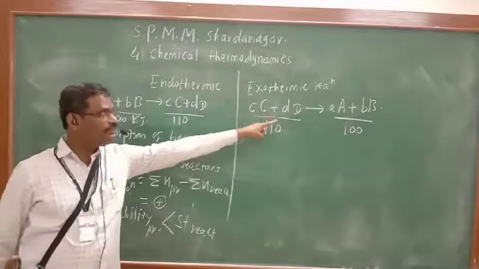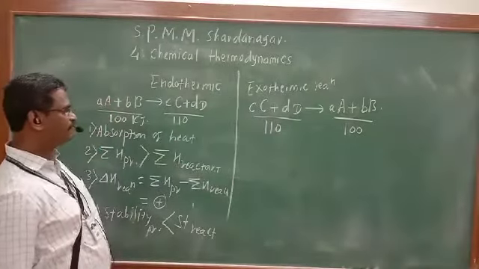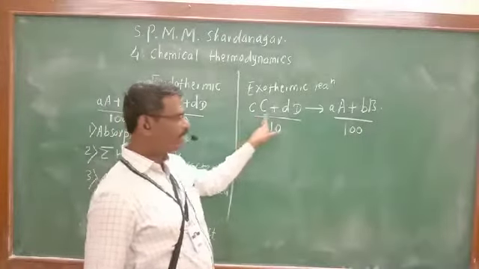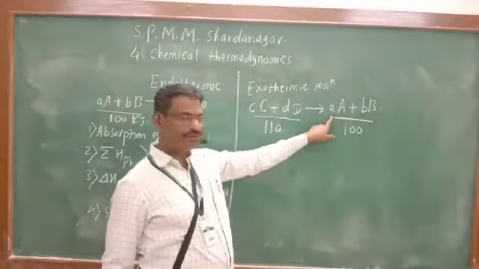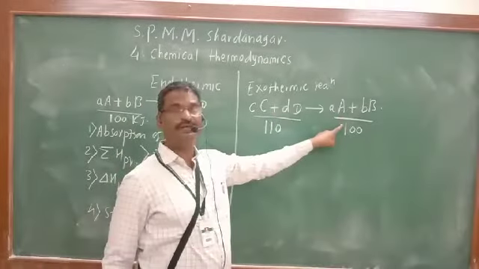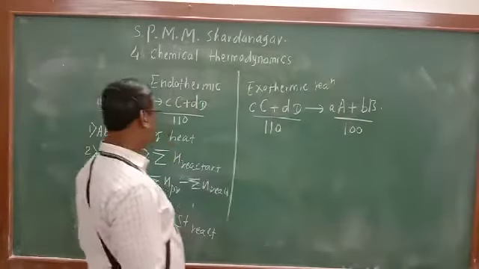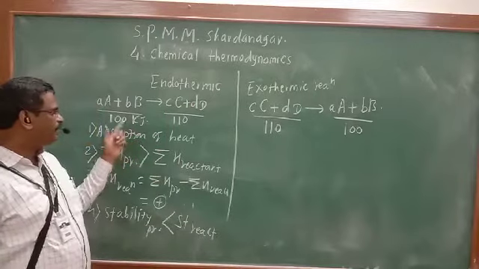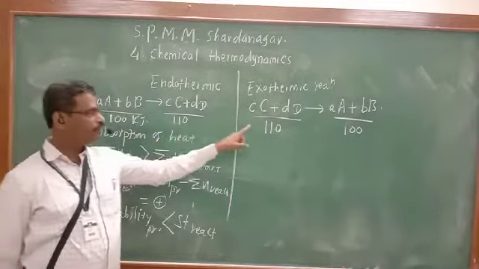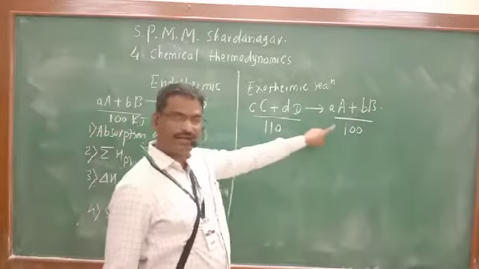Now in that reaction, see what happened. These are now the reactants and these are products. Reactants have greater energy as compared with the product. Here 100 became 110. Here 110 becomes 100.